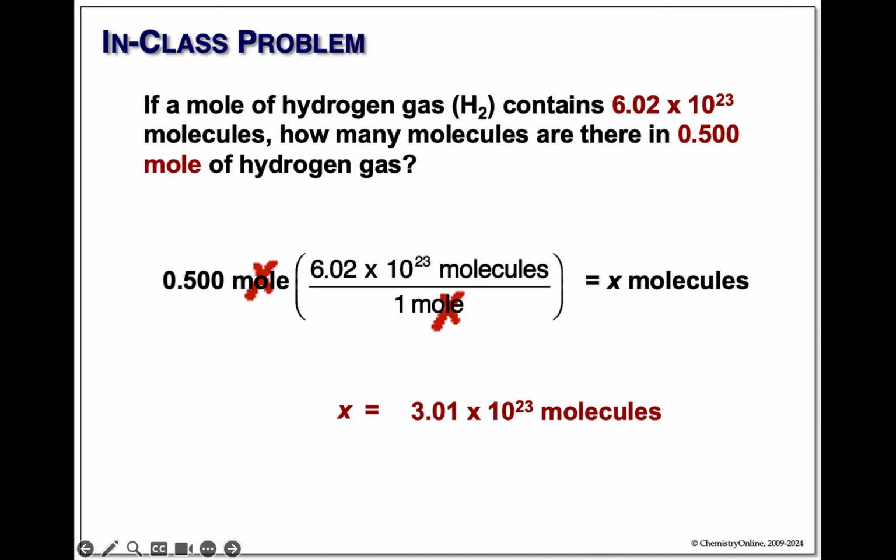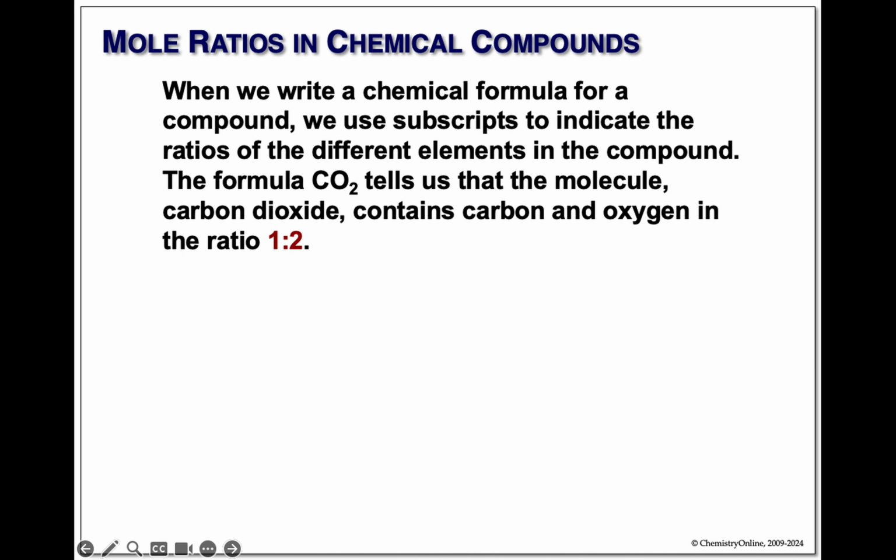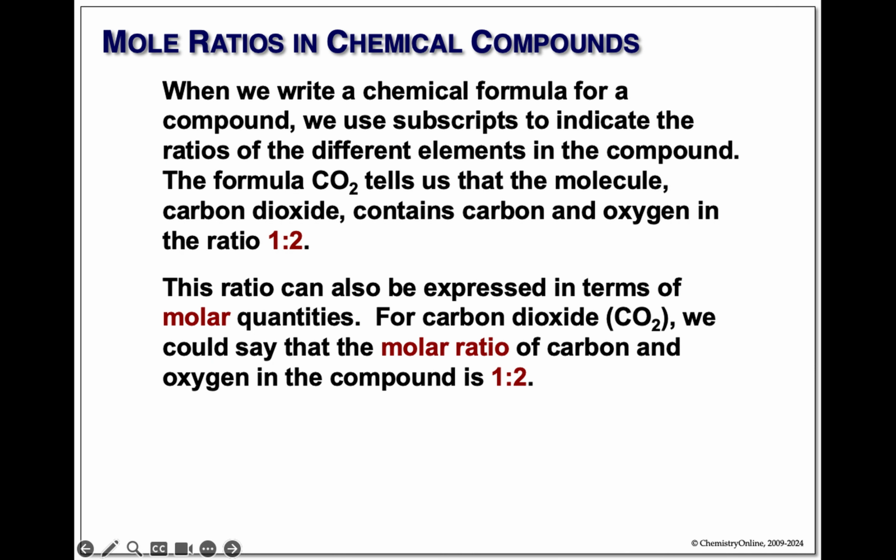All right, let's just quickly diverge here for a second and look at chemical formulas in terms of what they mean for mole ratios in a compound. If we have CO2, we write the formula CO subscript 2.